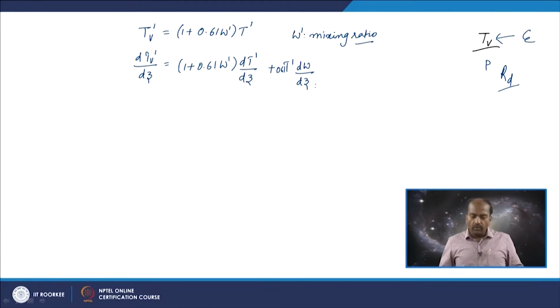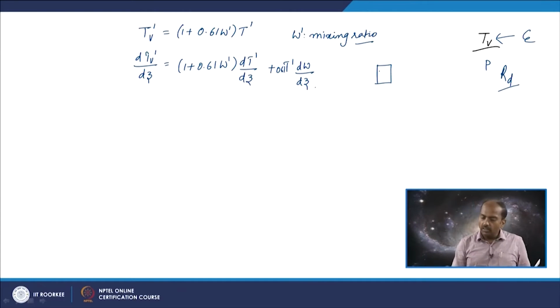But generally we do not write that, because we take the air parcel to be an adiabatic entity. So, it is not exchanging energy and matter with the surroundings or with the environment. That means the air and the level of moisture inside the air parcel will remain as it is, they will not change as it moves around, right.